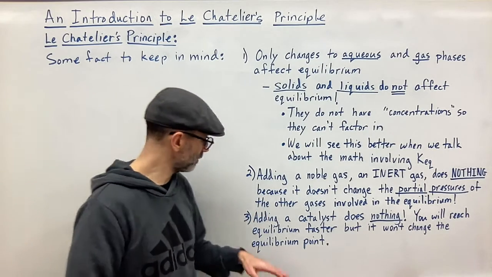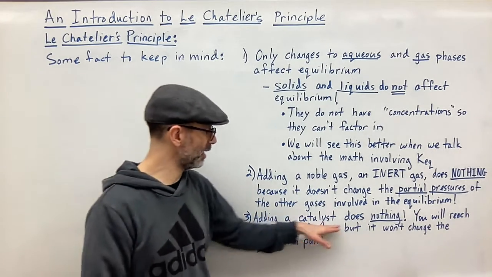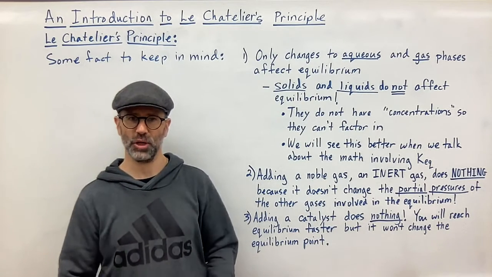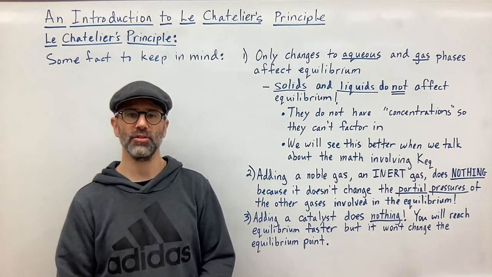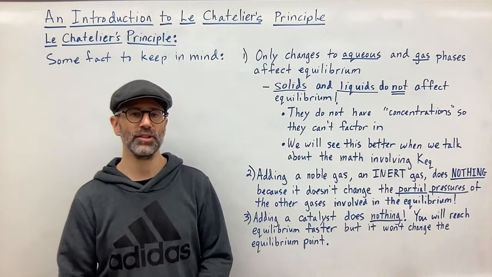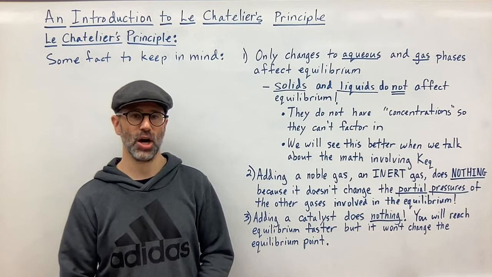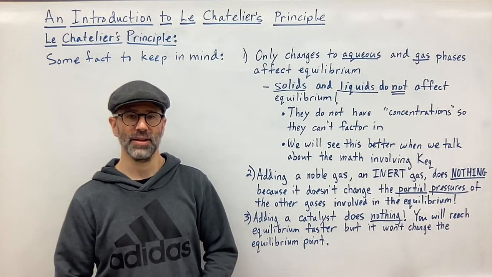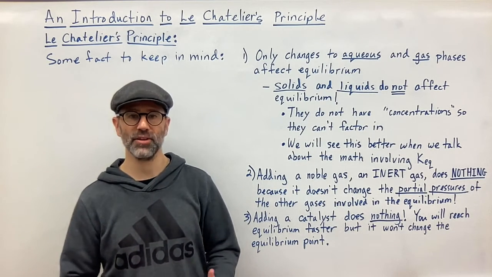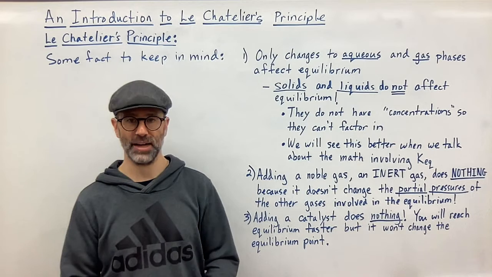And then finally, adding a catalyst does nothing to your reaction or the equilibrium point, because the catalyst, as we saw in another video, doesn't do anything with regard to the equilibrium of the reaction, but it only brings the reaction to equilibrium faster.